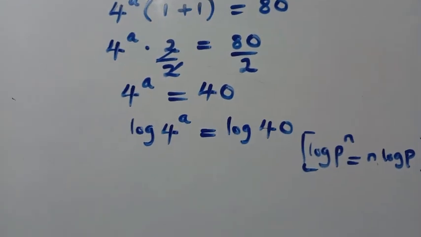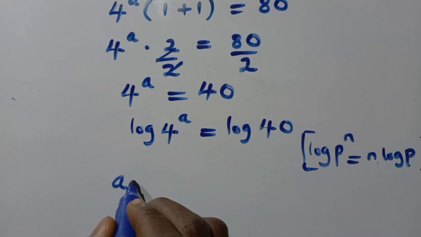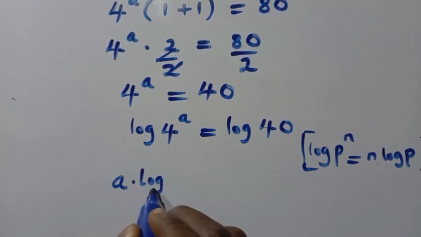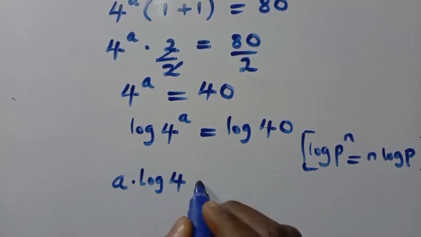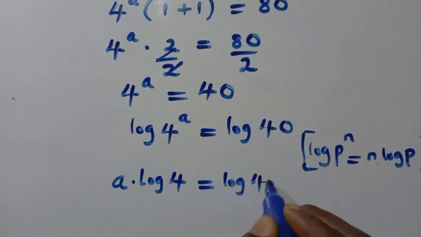So by applying that here, this becomes a multiplied by log 4 equals log 40.